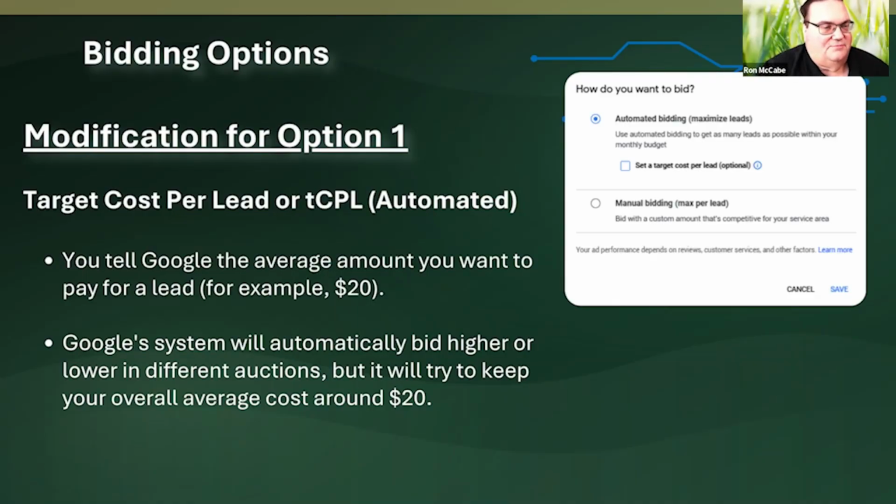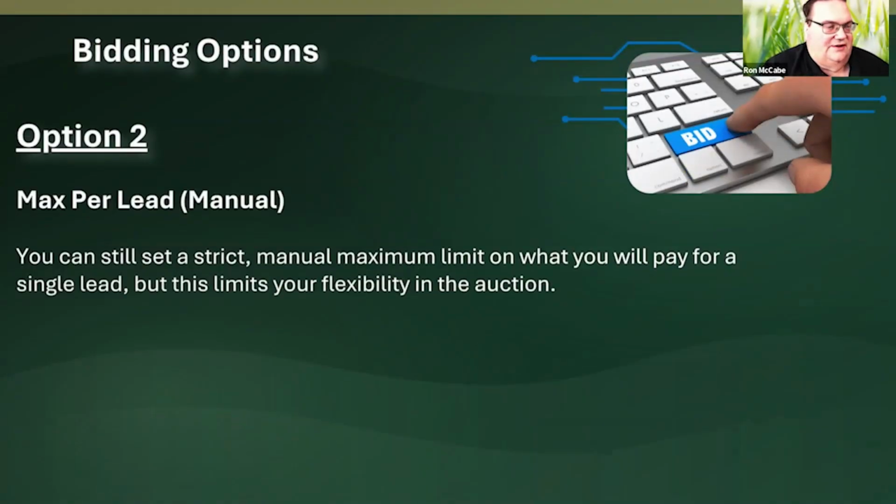So it will do that, but you also limit your options. And again, 20 is an example. You can set it at any price that you want. And then option two is max lead, and that's just setting a max of what you'll pay for a single lead. But this again limits your flexibility in the auction.